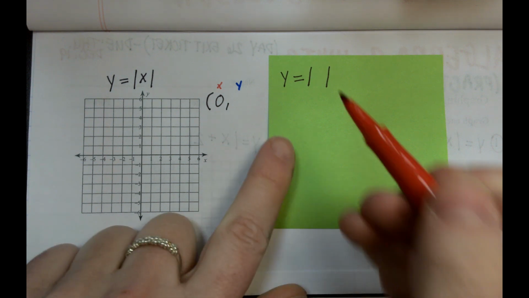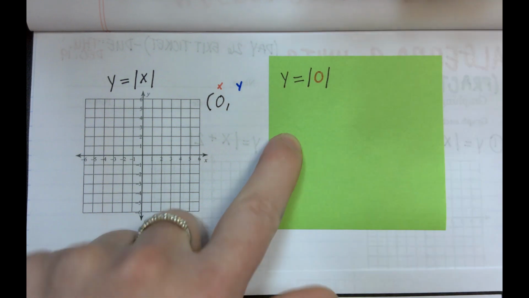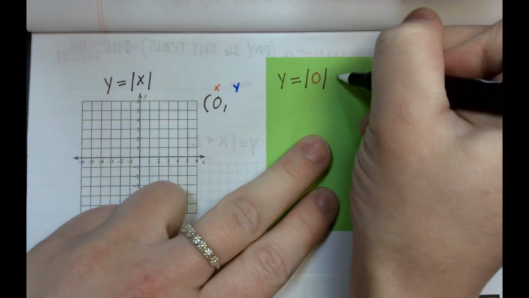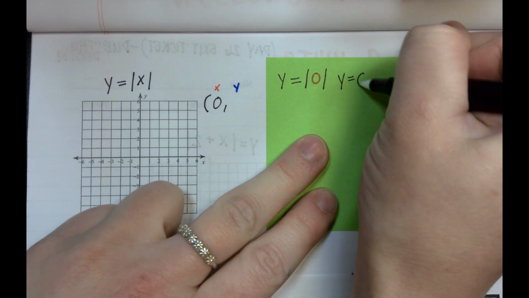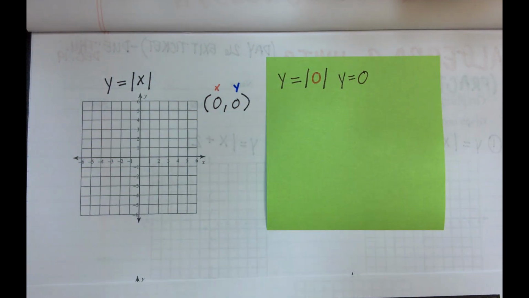Hello, Kelly. So if I say that x is 0, then the absolute value of 0, how far is it from 0? Well, it is 0. So that means y is also 0. So our x is 0, our y is 0.